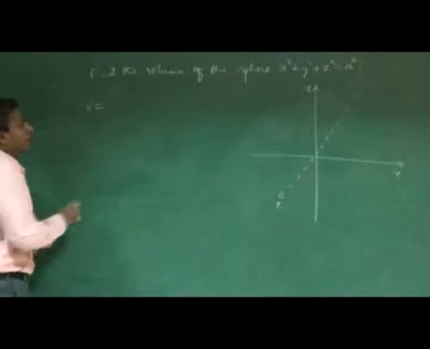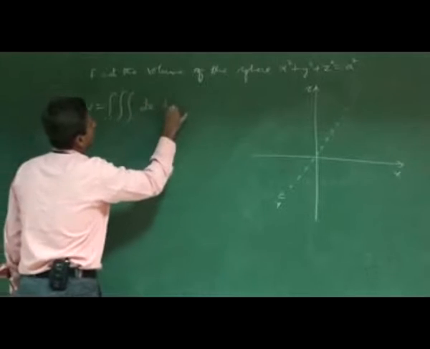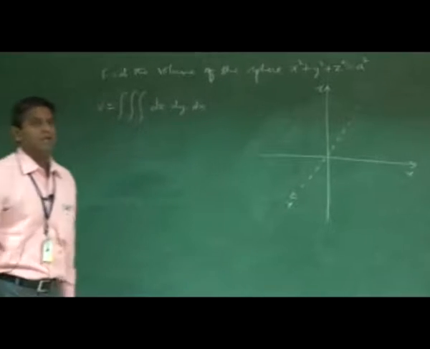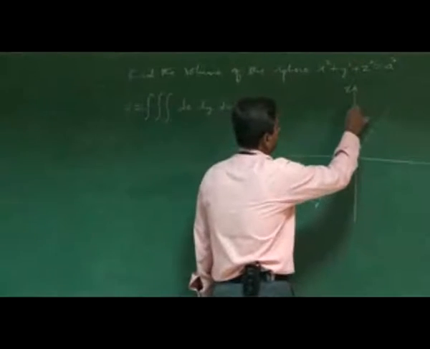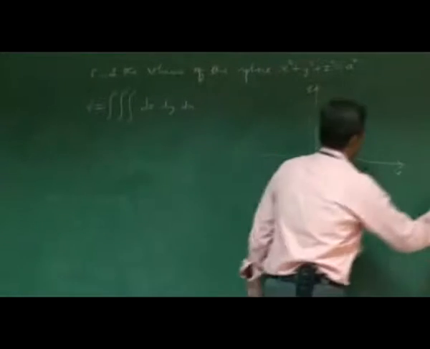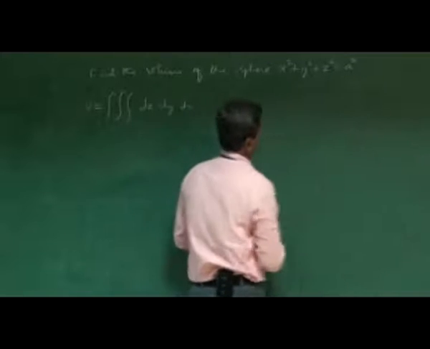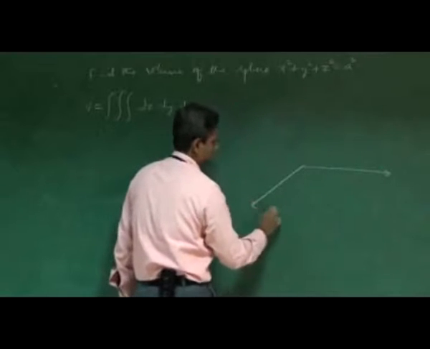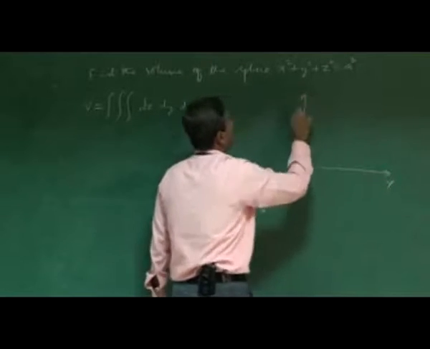So we write the volume integration V equal to the triple integral of dz dy dx. See how to fix the limits in this case. We take the region in 3 dimensions, with axes x, y and z.